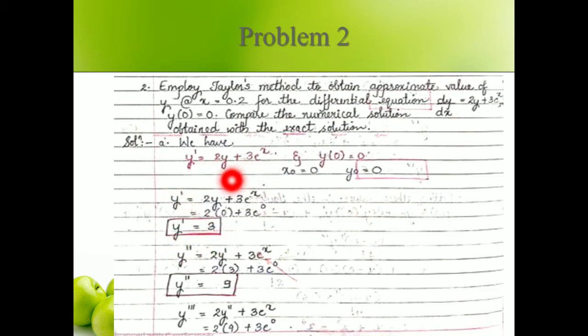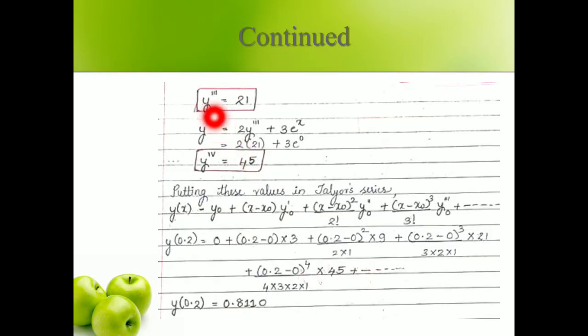Differentiating this with respect to the second order, we get 2y dash plus 3 into e to the power x. Substituting the value of y dash as 3 and x as 0, we get y double dash equal to 9. Similarly, y triple dash will be equal to 2 into y double dash plus 3 into e to the power x, so y triple dash will be equal to 21.